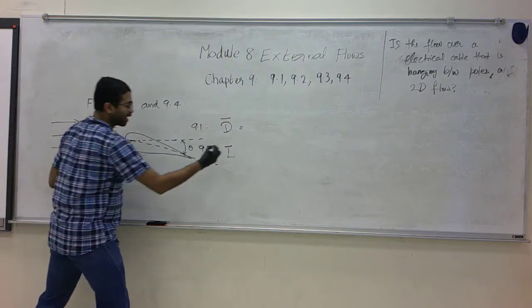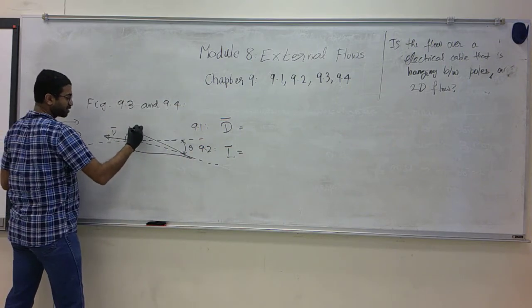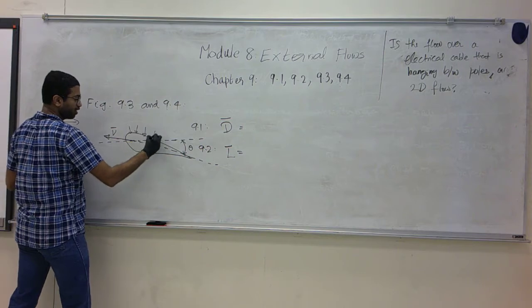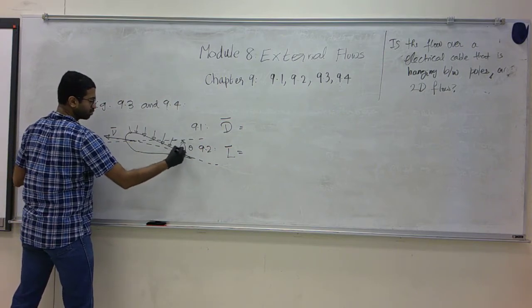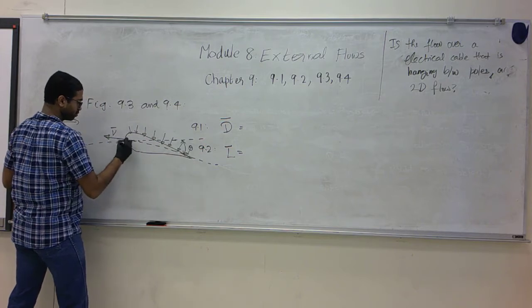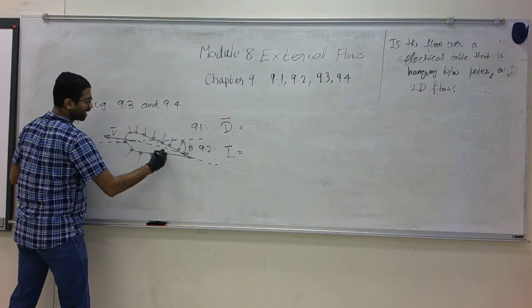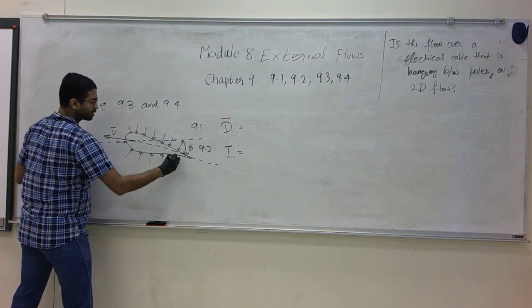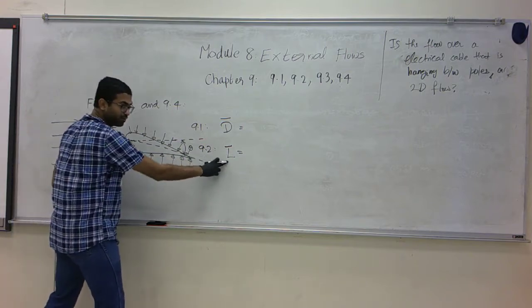Equations 9.1 and 9.2, which you can simply understand, drag and lift are ultimately forces. Those forces arise because the fluid exerts pressure. Pressure is always normal to a surface. The fact that pressure on one side is higher than the pressure on the other side leads to lift.